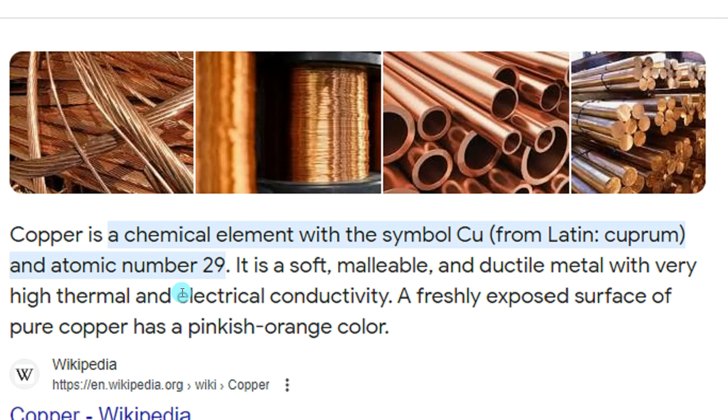A freshly exposed surface of pure copper has a pinkish orange color. As you can see, the color is pinkish and it has an orange tone, and that's a good quality of color in this freshly exposed surface.